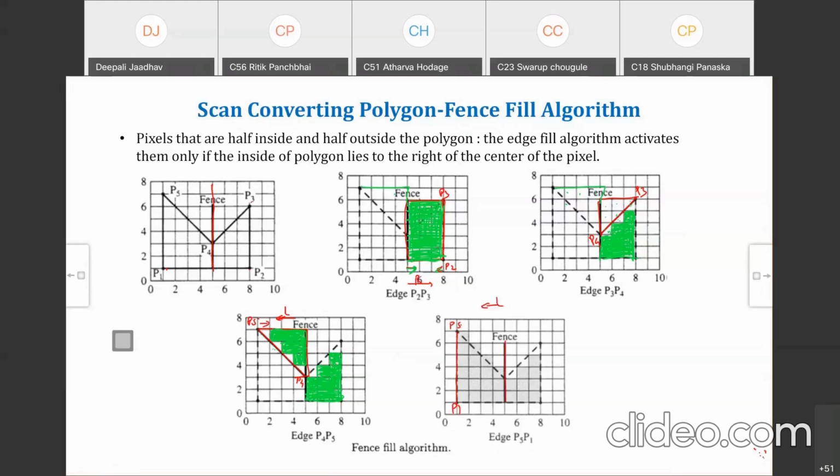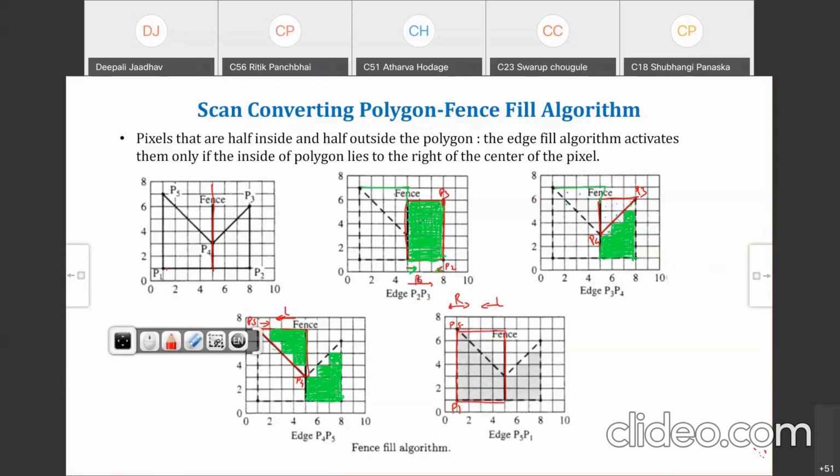So the portion between these is complemented: all the pixels which are right of P1 P5 and left of this polygon edge are complemented. Here it is white, and all these become green.